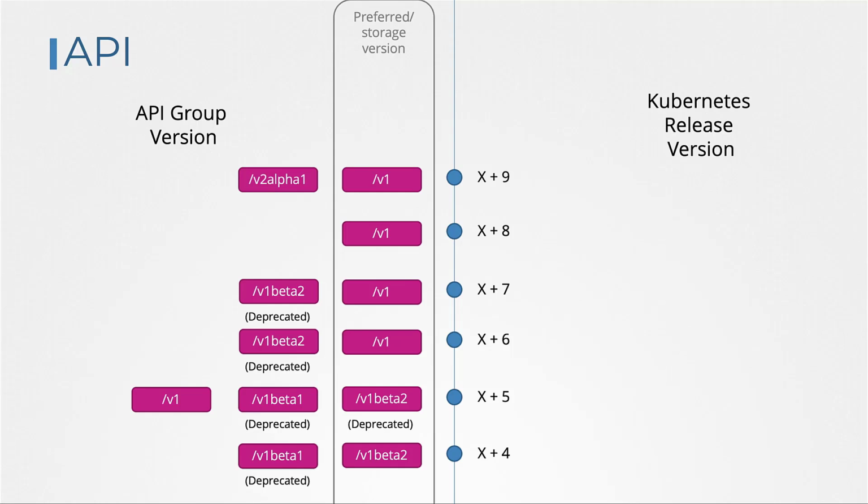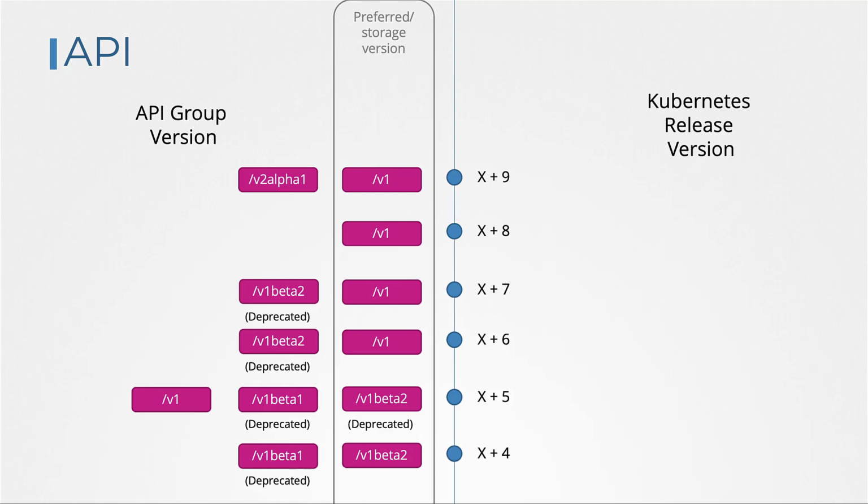Now, let's say, for example, with the next release, we are for the first time having the first version of v2. So we decided to start working on a v2 version, and we now have the v2 alpha 1 version available for the first time. Now, if you look at the releases in the past, every time we had a new version available, we immediately deprecated the older version.